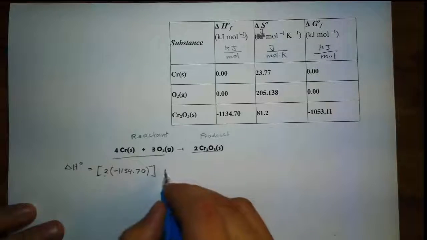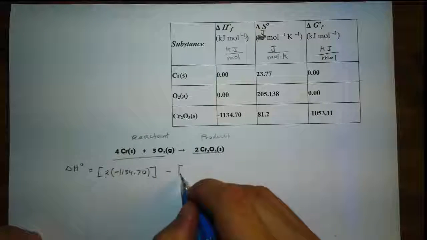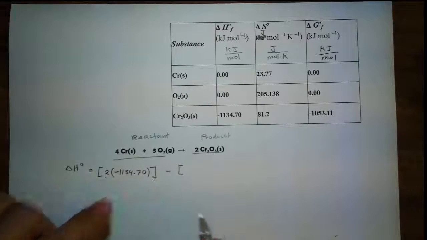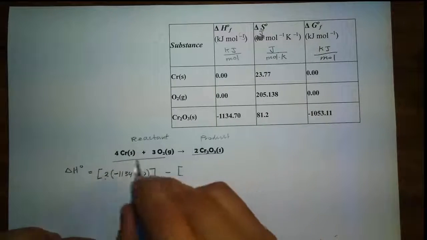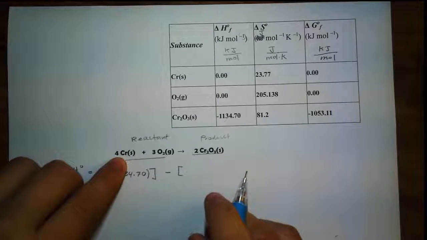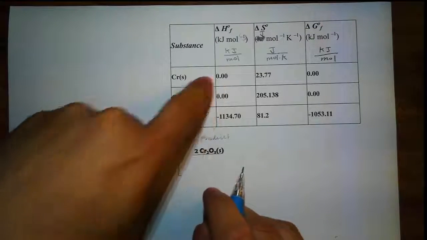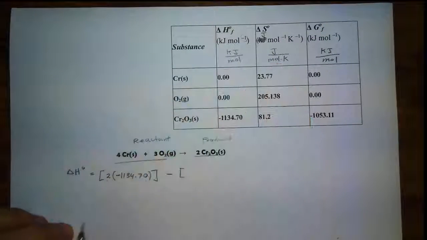And that product is going to subtract the reactant, just like we have here, product minus reactant. So I put the reactants within parentheses. In this case, we have 4 Cr, and I know right away this must be equal to 0 because it's an element. The table tells you it's 0, and sometimes it's not given to you.